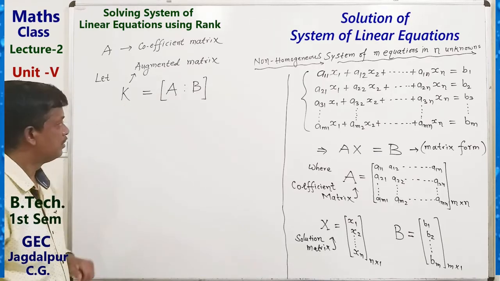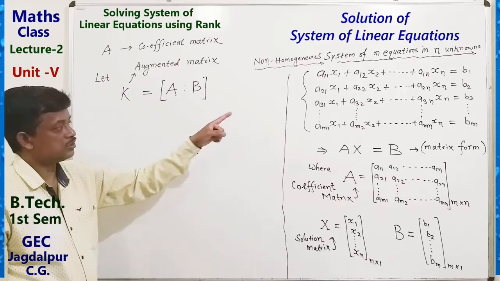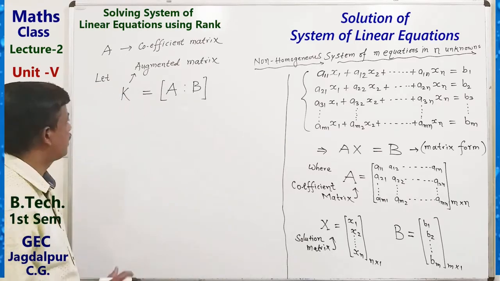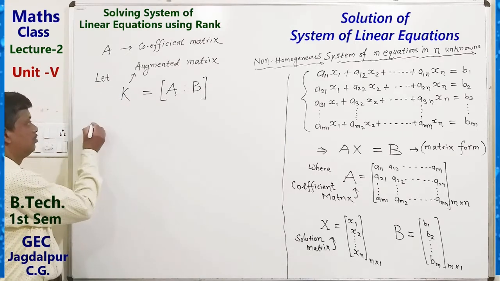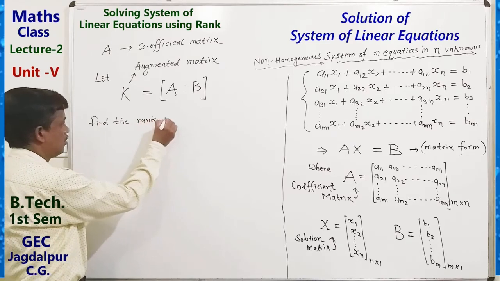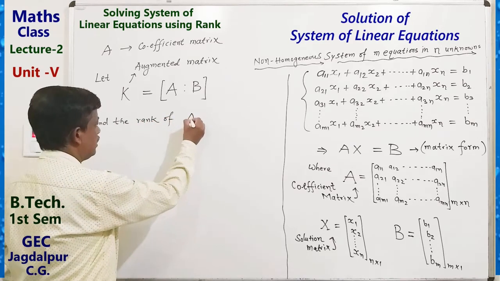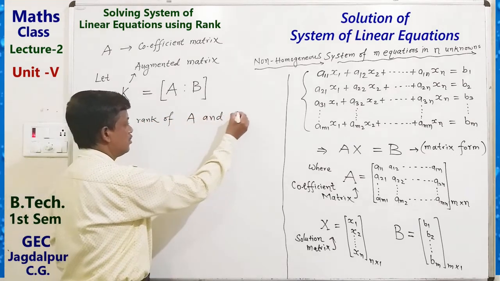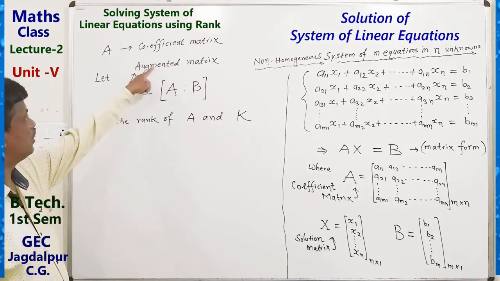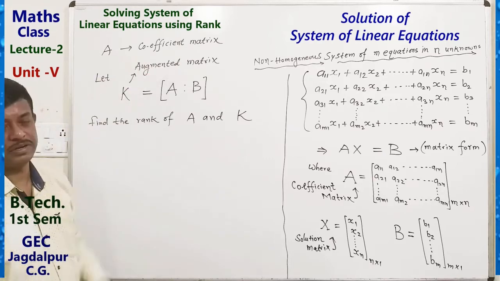Okay. Now, for finding the solution, what is the method? Find the rank of A and K. K is what? The augmented matrix. A is the coefficient matrix.